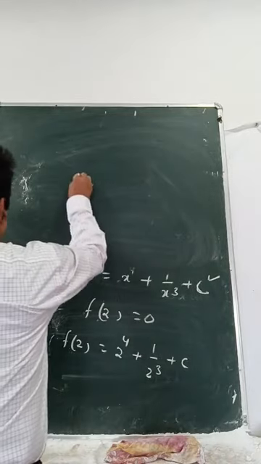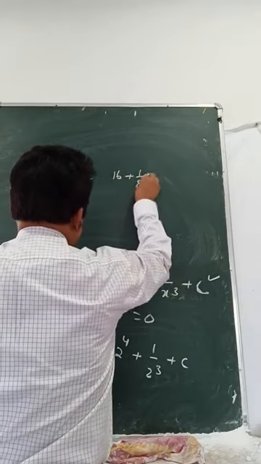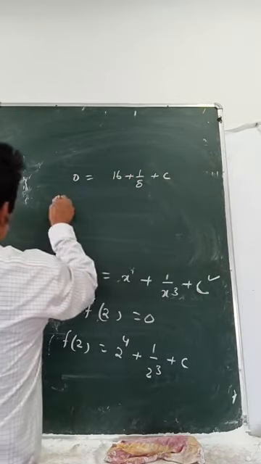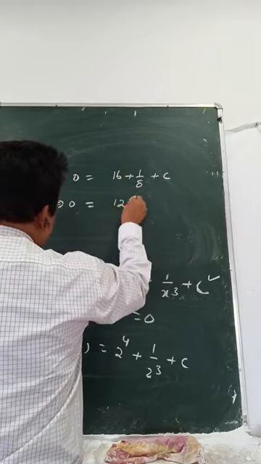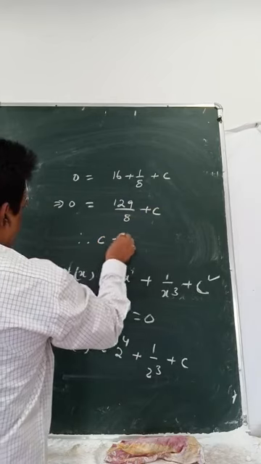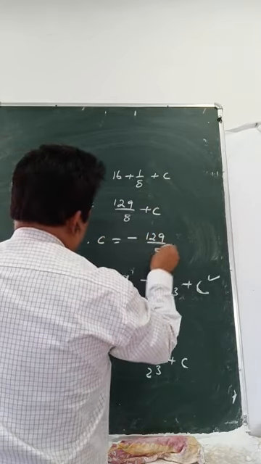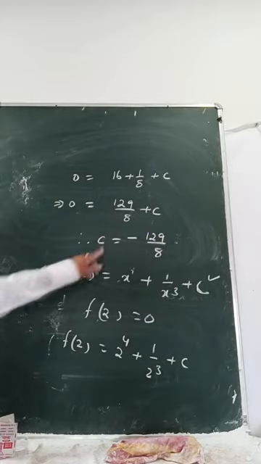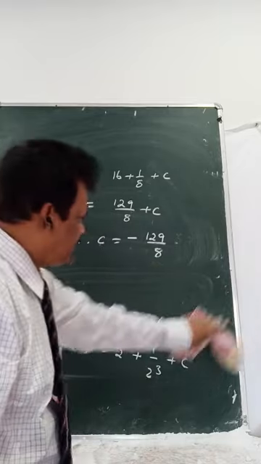So 0 equals 16 plus 1 by 8 plus c. 0 equals 129 by 8 plus c. So c equals minus 129 by 8. That c value we put here. So your f(x) will be how much?